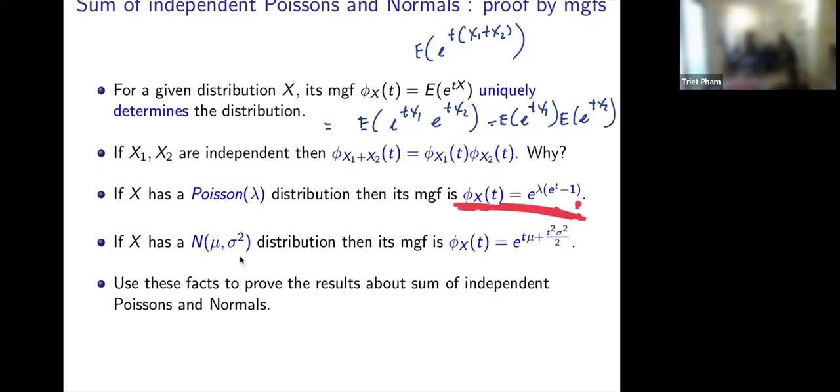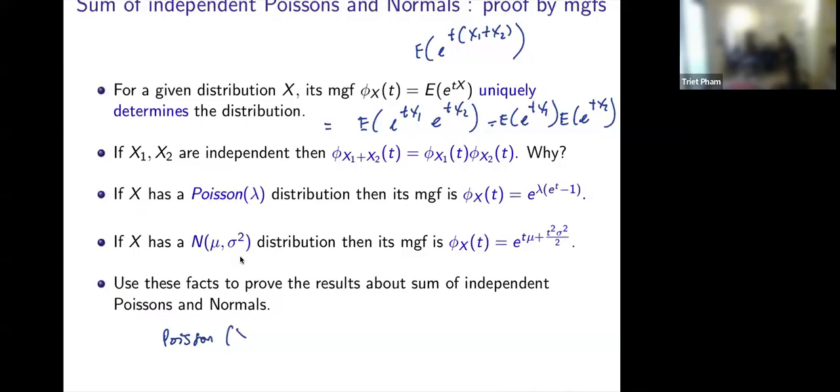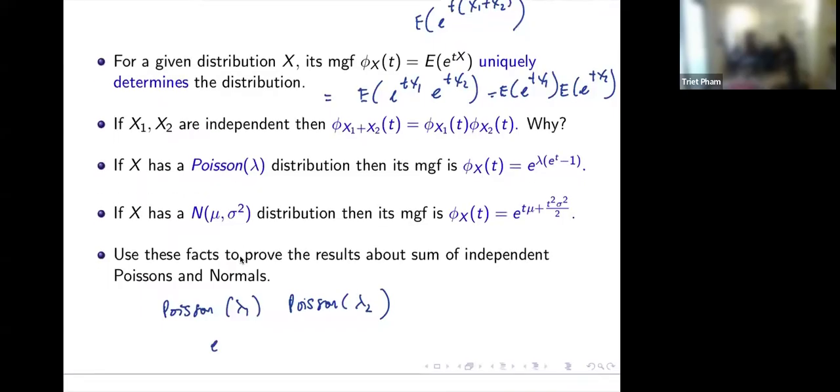So now apply this result to combine these two results. You see that the MGF of the sum of two Poissons, if you have Poisson lambda 1 and Poisson lambda 2, then the MGF will be e to the lambda 1 times (e to the t minus 1) and e to the lambda 2 times (e to the t minus 1). Oh, sorry, not t, e to the t minus 1.